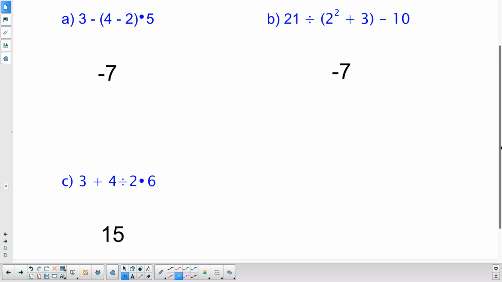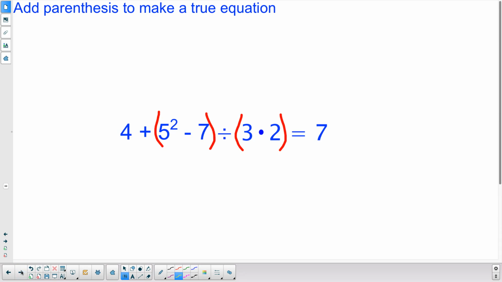Okay. All right. Station number 3 had you add some parentheses to make that a true statement. So if I add parentheses in those 2 spots, thinking PEMDAS again, please excuse my dear Aunt Sally, I do parentheses first.